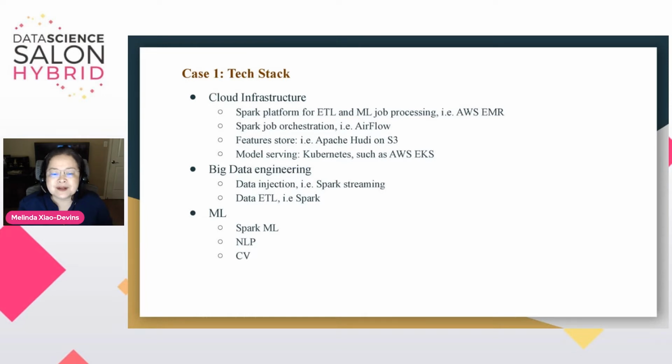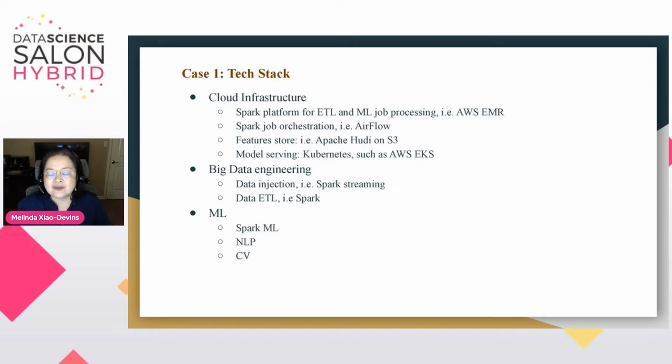And then another thing to consider is the Spark job orchestration. Airflow is very good to use, and there are other orchestration software as well. And in building the feature store, what you want to consider is whether a feature is mutable. If it's immutable, of course, you can put it in a Hive table. But if it's mutable, the latest technology points to Apache Hudi on S3 in the case of the AWS cloud.